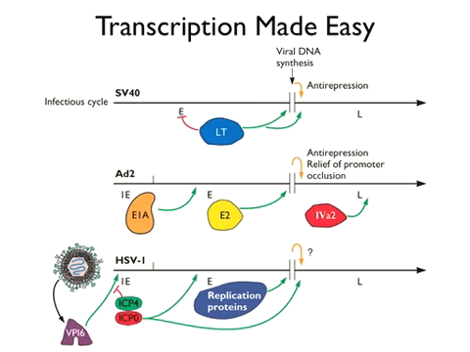They subsequently produce protein products such as ICP4, which go back and regulate immediate early gene transcription. They suppress it, but they also go on and activate early genes. The early genes, just like in adenovirus and just like in SV40, are replication proteins. They're responsible for replicating the virus genome, which results in large numbers of copies of DNA, relief of promoter occlusion, and allows for expression of late genes.